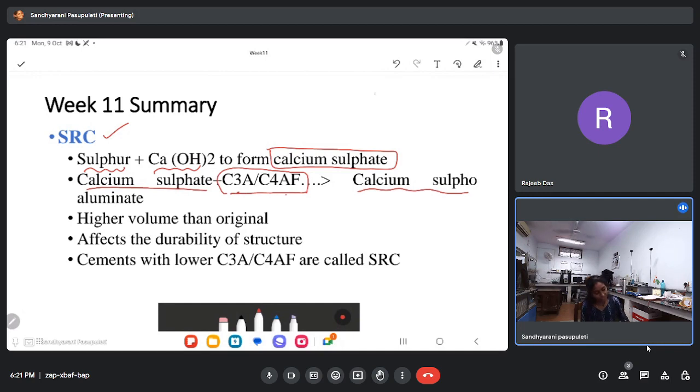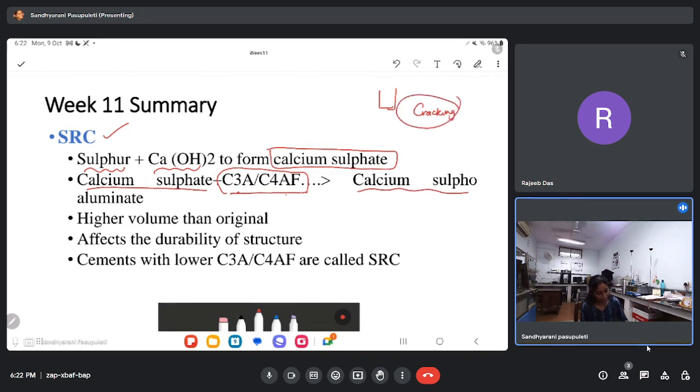So when you have designed a structure for a particular volume, and after a few cycles of being subjected to water and this sulfate attack, the volume would increase. As the volume increases, it would be prone to cracking.